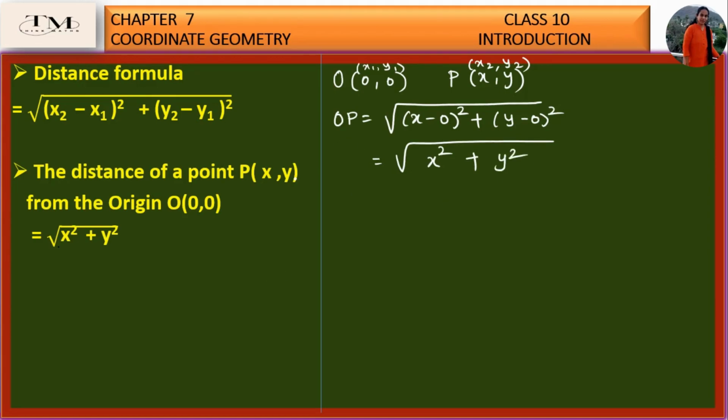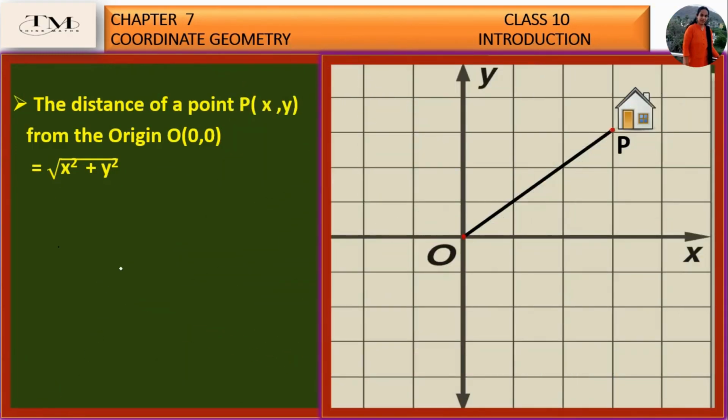Okay. So the distance between the origin and a point P is nothing but square root of x square plus y square. So let us apply this formula in the next page.